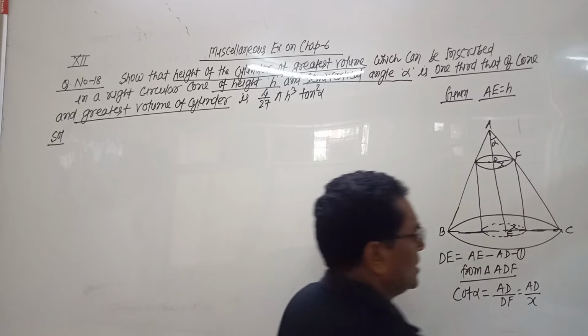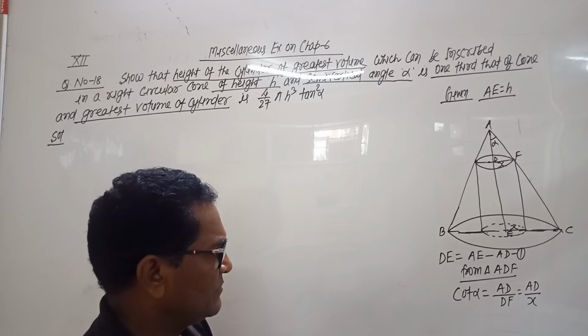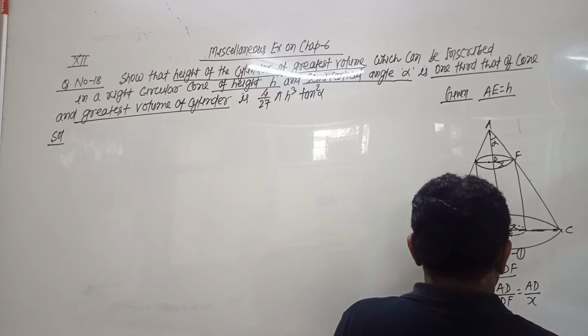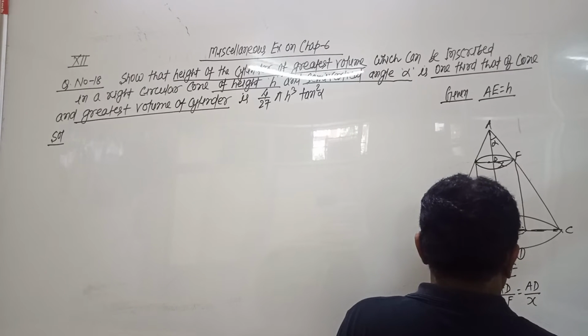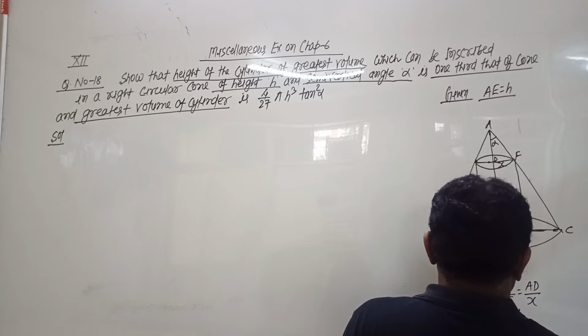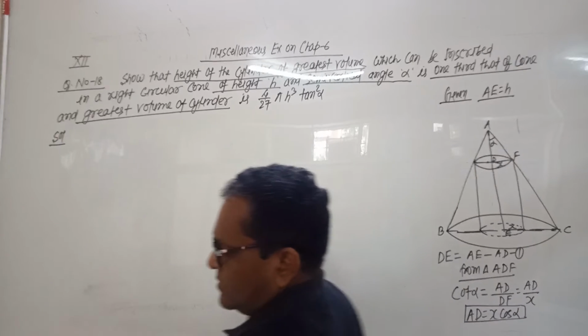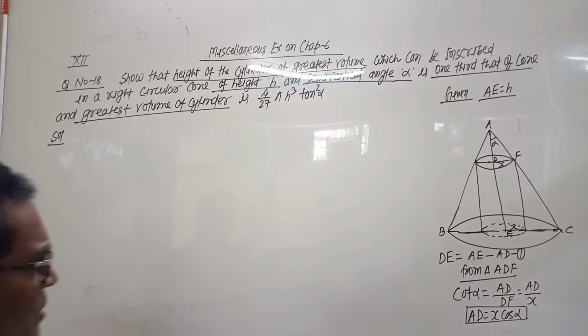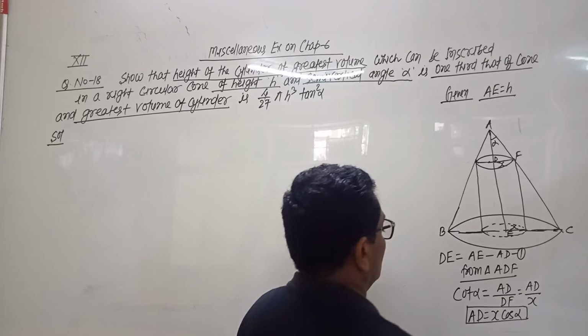BF is the radius of the cylinder, which we have supposed x. So we get AD equals x cot alpha.